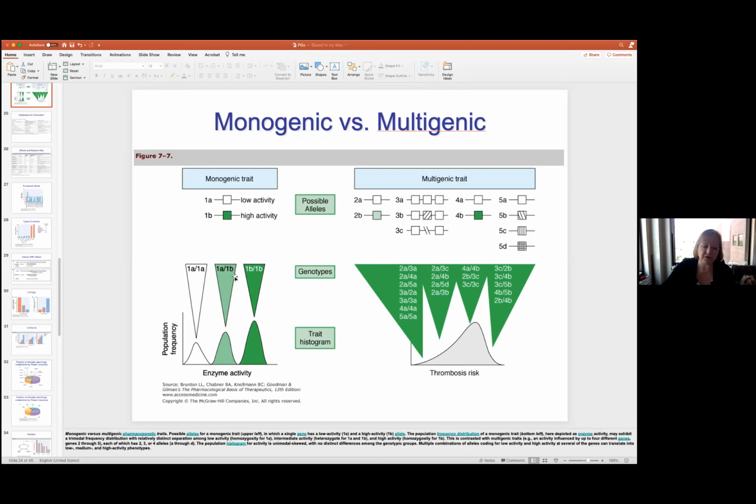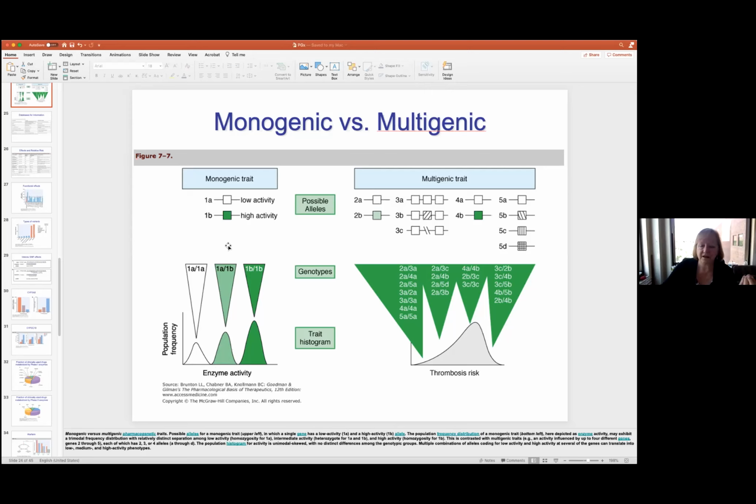So if you have an allele that encodes for low activity and high activity, so this person is heterozygous for that gene, now you're going to end up having enzyme activity that's somewhere in the middle. Okay, makes sense. You've got half of your alleles that encode these low activity enzymes, and the other half are high activity.